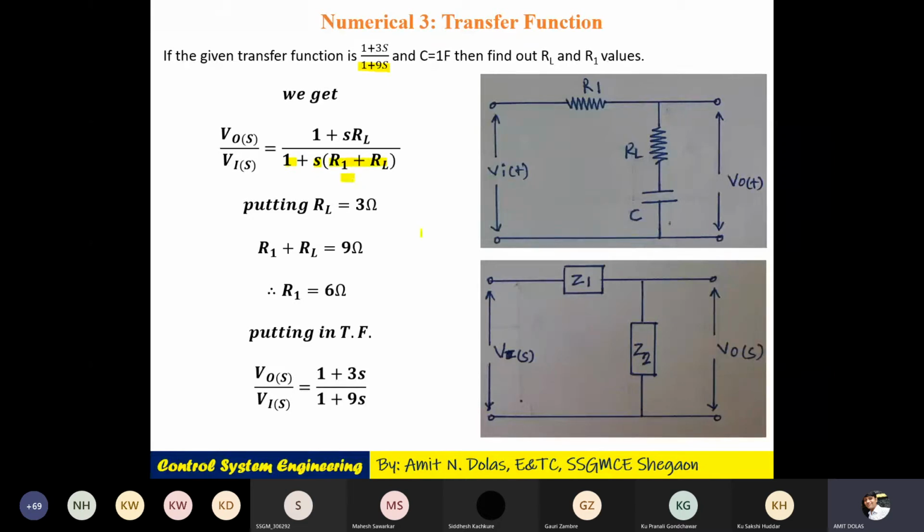So if we choose R1 as 6 ohm, then R1 plus RL will of course be 9. Putting RL as 3 ohm and R1 as 6 ohm, we get the given transfer function, 1 plus 3s divided by 1 plus 9s. So here is the solution to this third numerical. It may be asked for 7 to 8 marks in the examination.